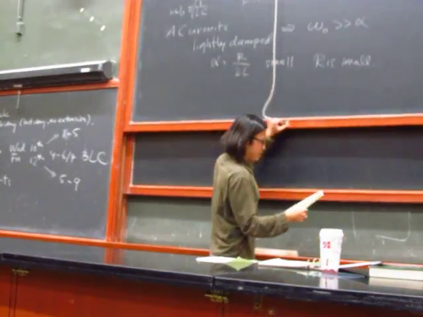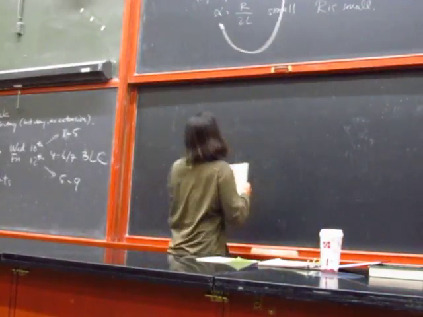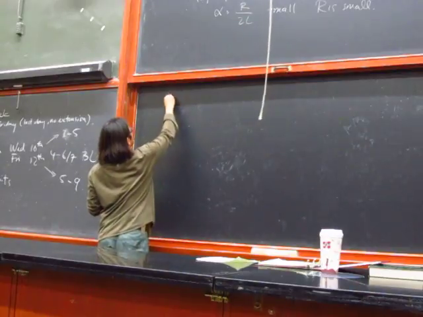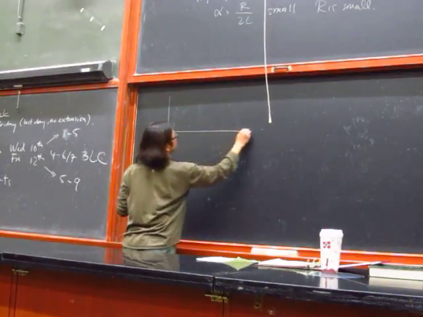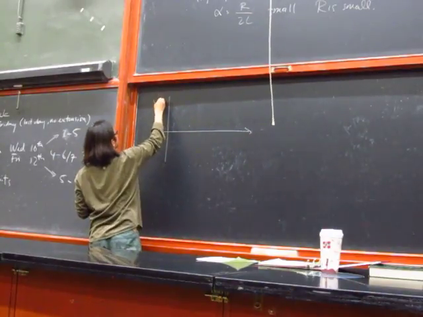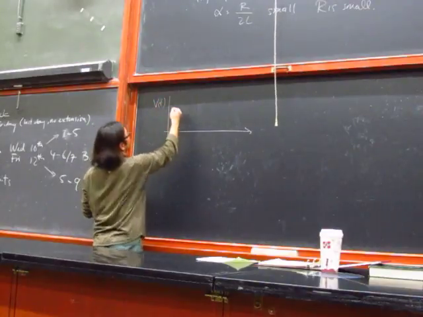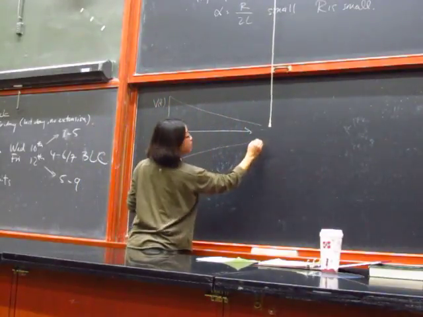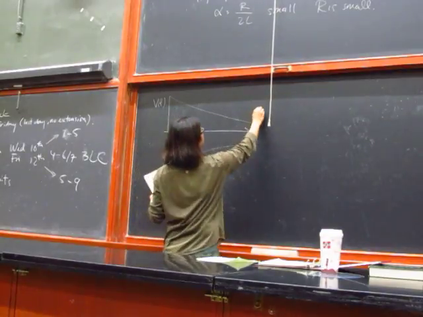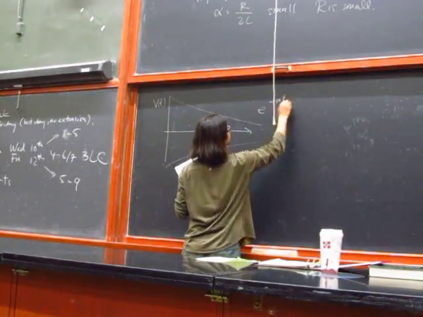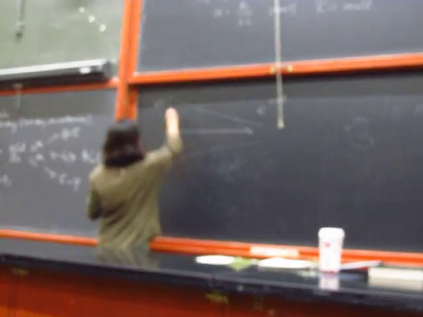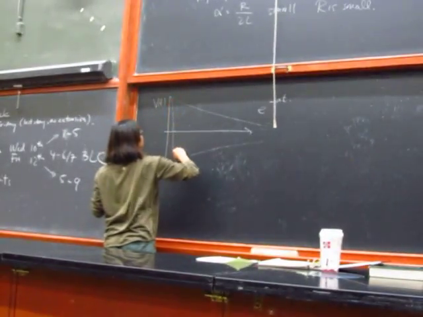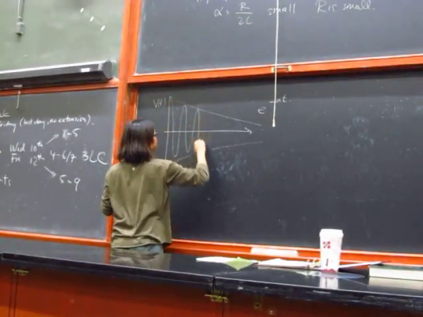Let's graph the voltage across the capacitor as a function of time. There's an envelope that decays as e to the minus alpha t, and then there's a sinusoidal form, like that.